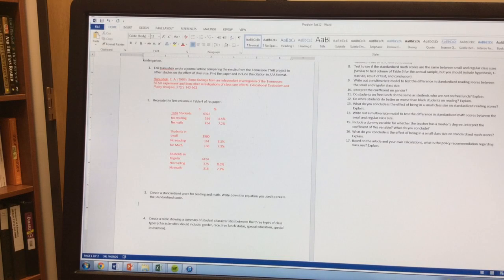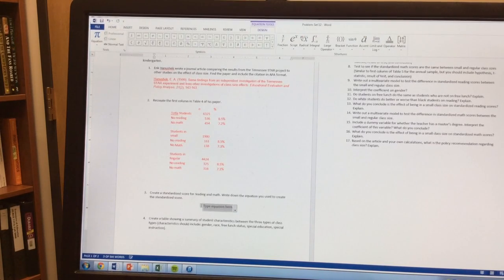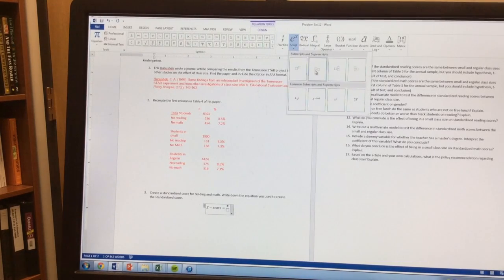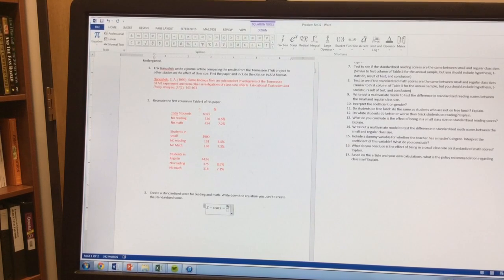So the way we do that, I'm going to do Alt-N-E-I, which inserts an equation. So a z-score, which is a standardized score, is equal to a fraction. On the top of the fraction is xi, meaning the individual observation of the participant of the study or the sample.